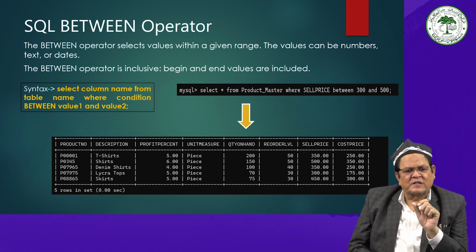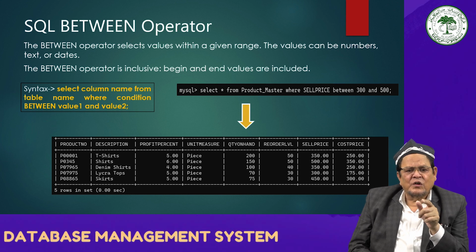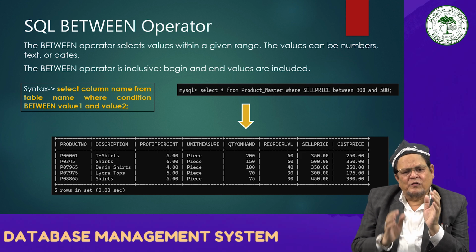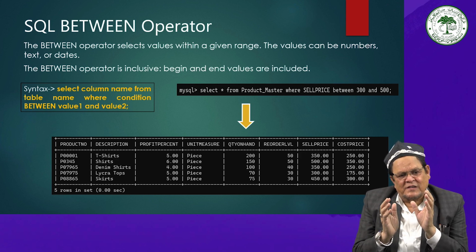The syntax is select, you define the column name, from the table name. Here I will use the table name product master, which you have already prepared. And we can add a condition: where column between value 1 and value 2. You have to define value 1 and value 2. This is the syntax.